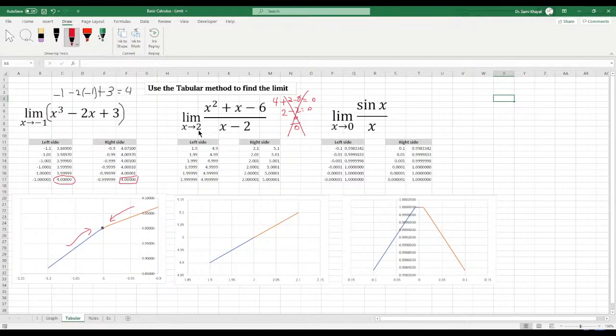Now, let's approach 2 from the left side. Before 2 is 1.9, 1.99, 1.9999, and 1.99999.